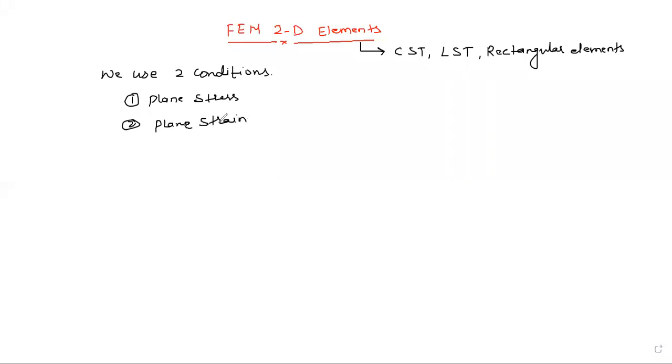So while analyzing this two dimensional element, we will have two conditions, plane stress or plane strain. So same problem we can approach with plane stress and plane strain. It depends what they are asking, whether they are asking from plane stress or plane strain condition, right?